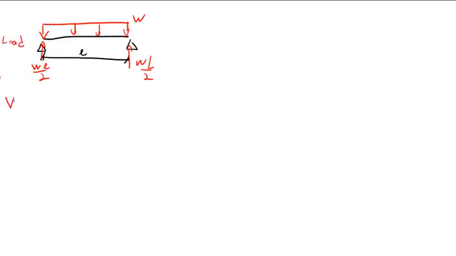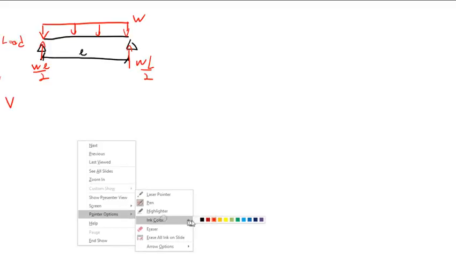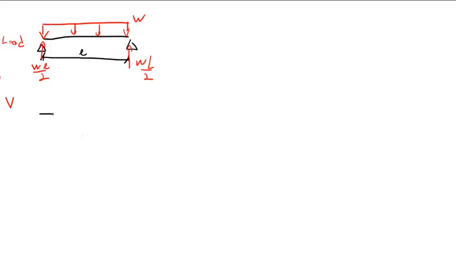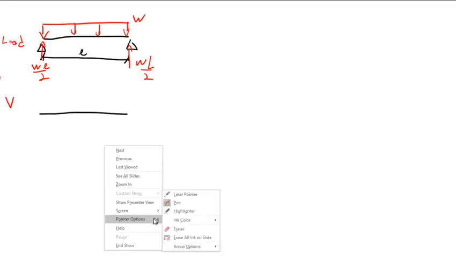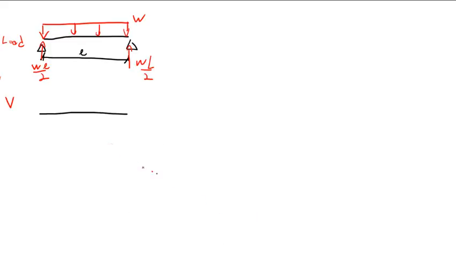Then V is going to look something like this. We're going to start up at WL over 2, go down a total of WL, end up over here at negative WL over 2.